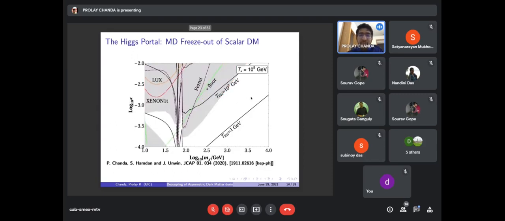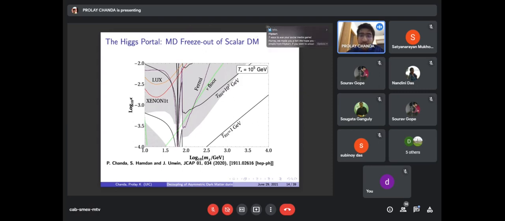And next, we overlay the experimental bounds on it, and we have already discussed the neutrino floor, LUX and Xenon, and this is the indirect detection coming from Fermi, the Fermi-LAT data. What Fermi data does is look for dark matter annihilations in these dwarf spheroidal galaxies, I think in the annihilation channel to bottom quarks, and that gives you some bound.